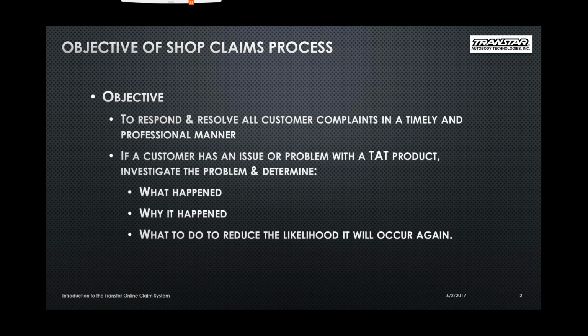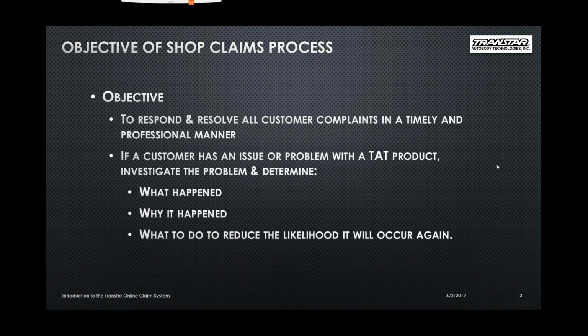All right, so looking at the shop claims process at a higher level, our objective when it comes to the claims process is to respond to and resolve all customer complaints in a timely and professional manner. If a customer has an issue or problem with the TAP product, we want to investigate the problem and determine what happened, why it happened, and how we reduce the likelihood of this issue happening again.